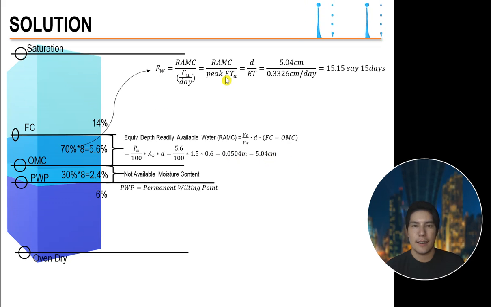So the frequency of irrigation is, we have the 5.04 cm divided by the consumptive use, which is 0.3326 centimeter per day. So we have 15.15, say 15 days yung frequency ng irrigation.